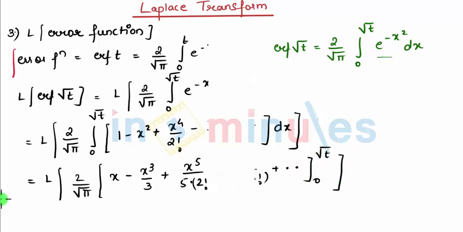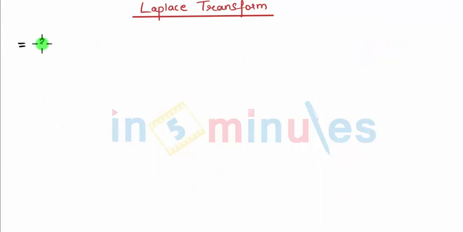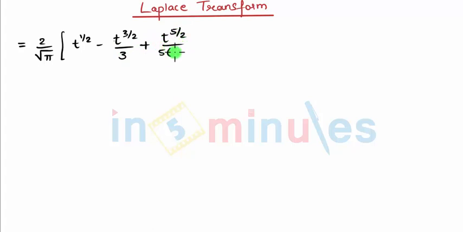By substituting limits, I get 2 upon root pi times t raised to 1 by 2 minus t raised to 3 by 2 divided by 3 plus t raised to 5 by 2 divided by 5 into 2 factorial minus t raised to 7 by 2 divided by 7 into 3 factorial.